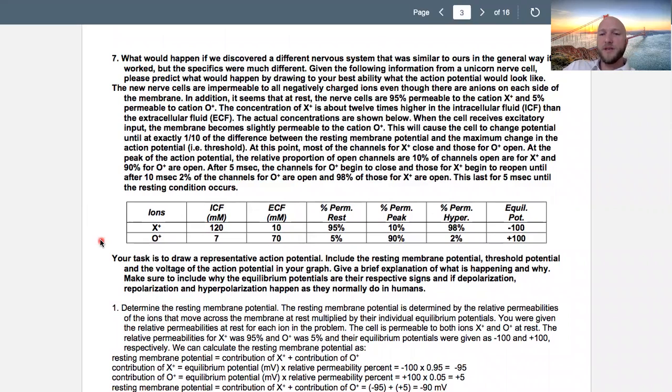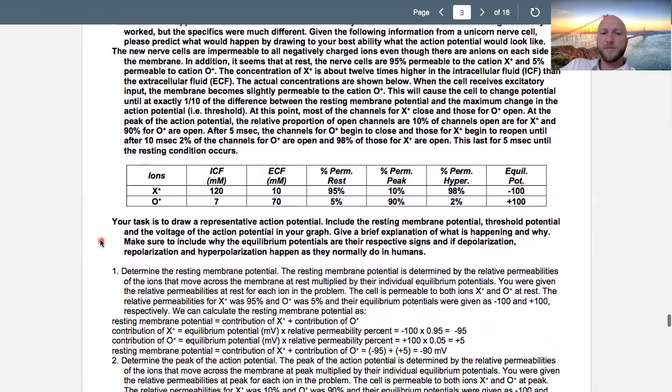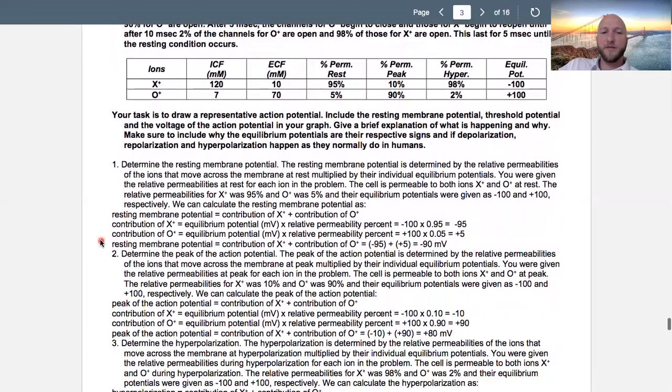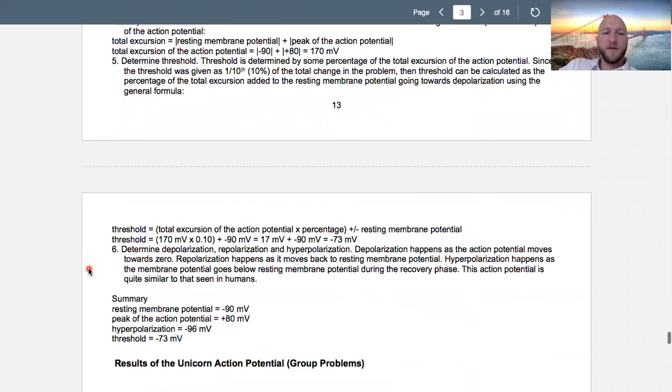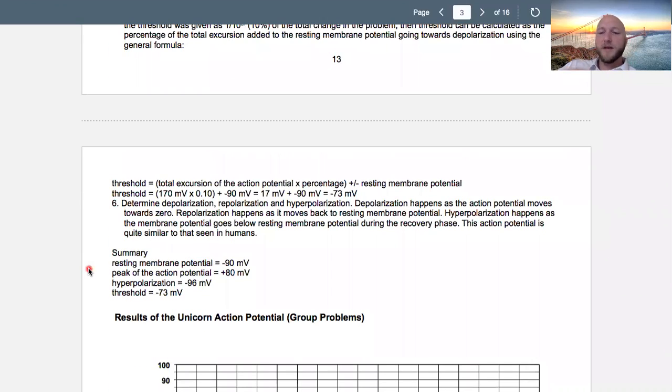Also, in the lecture page for the nervous system, we have a number of different problems that take you step by step through it, so definitely look those over. Definitely just take it step by step.